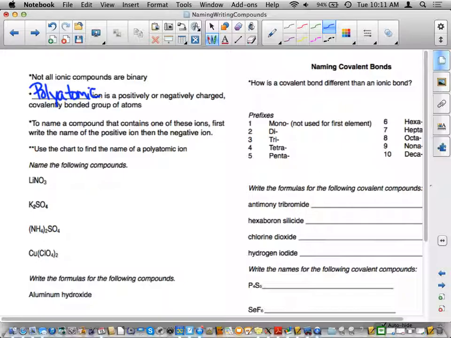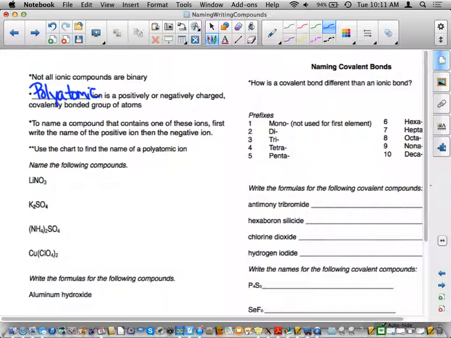So if you look at your list, I gave you guys a list. I also emailed it to you. You can see that it's not just a single element listed on there. In the +1 column, we have NH4, which is ammonium. It is the only +1 polyatomic ion that we will deal with. All the rest of them have a negative charge.